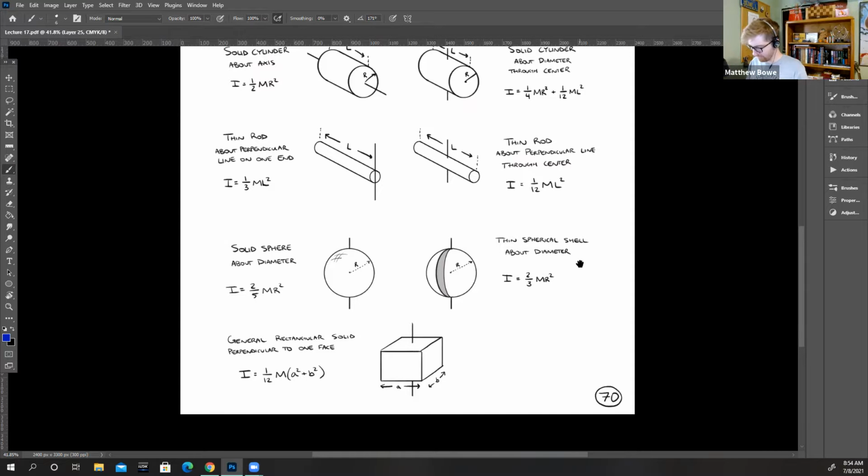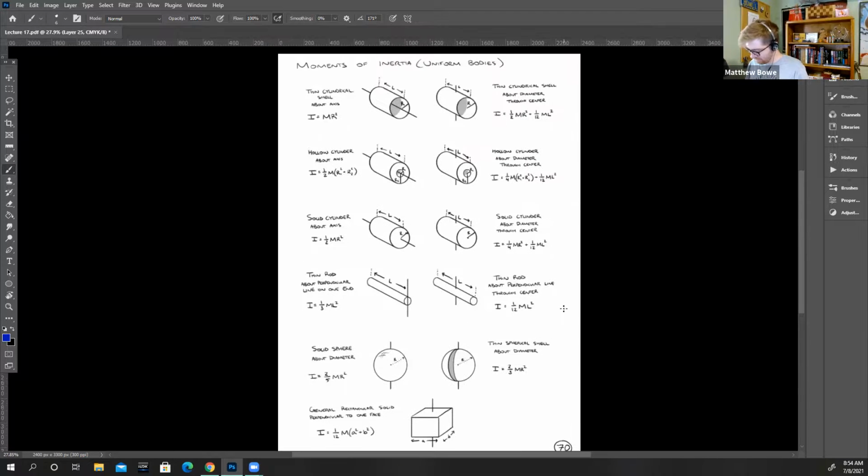How do we arrive at all of these values, though? We've done this example, but how do you go from this to something like this? We need to change this axis of rotation.